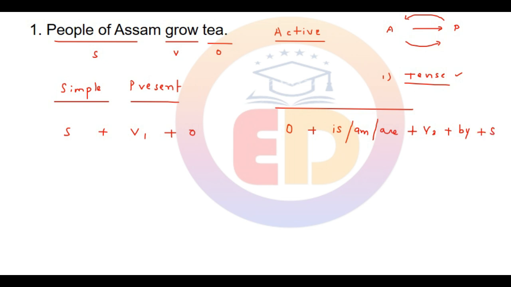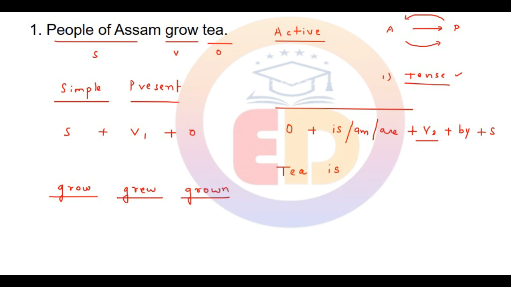So let's write down the object, tea. Tea is singular, so we'll use is. Third form of the verb grow: grow, grew, grown.